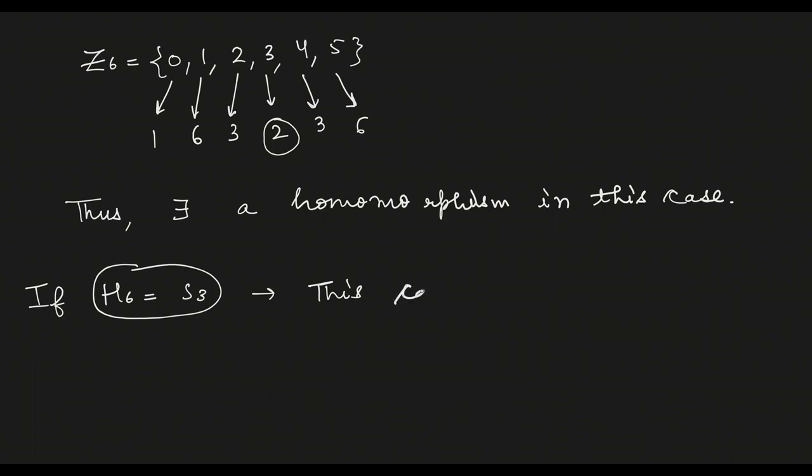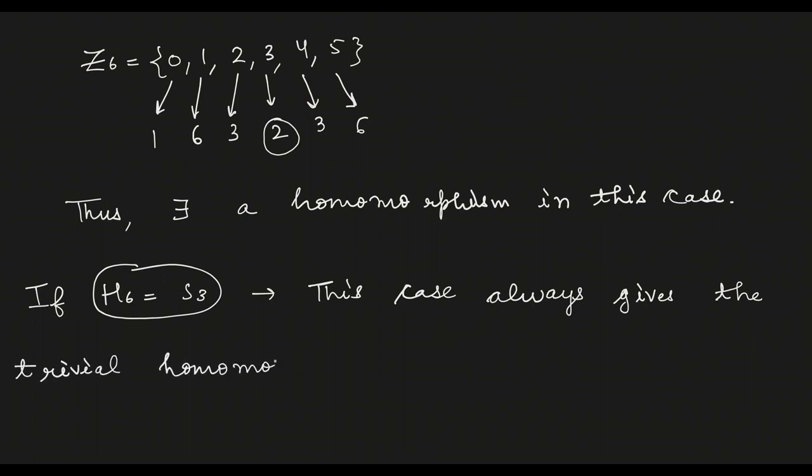This case always gives the trivial homomorphism, as order of S3 upon H3. H6 हो गया ना, तो ये बना गया आपका.